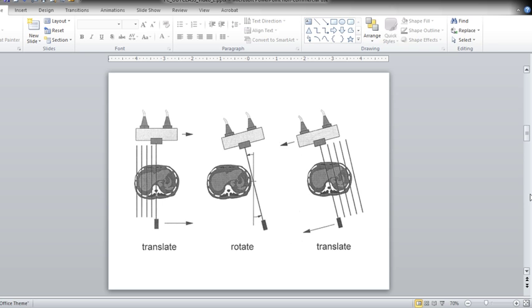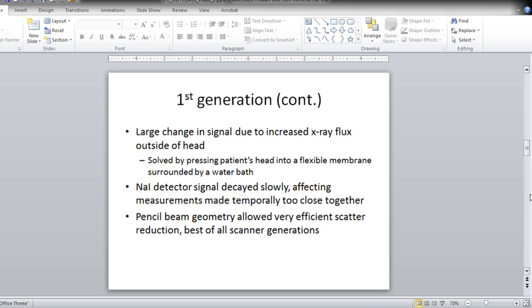This is how your source and detector move in the first generation: first translate, then rotate, then translate. In the first generation CT, you have seen there is a large change in the signal due to the increase in X-ray flux outside of the head. To solve this, we can make the patient's head press into a flexible membrane which is surrounded by water.